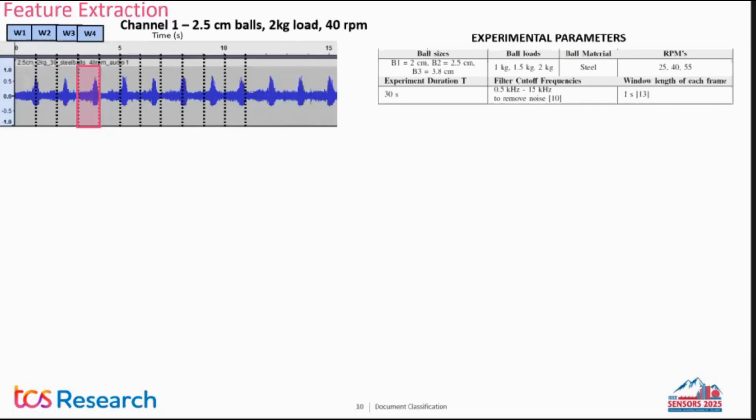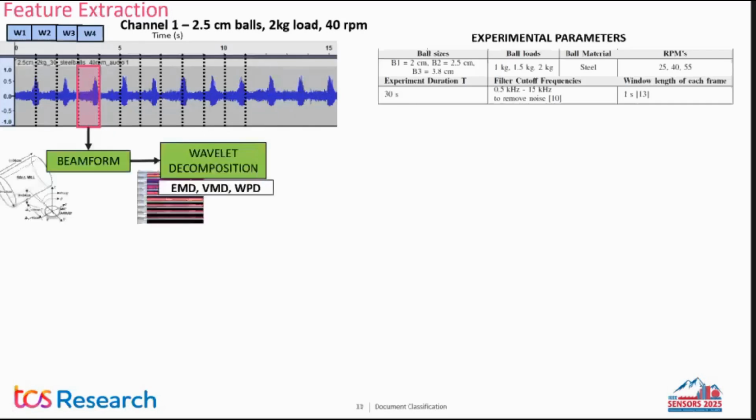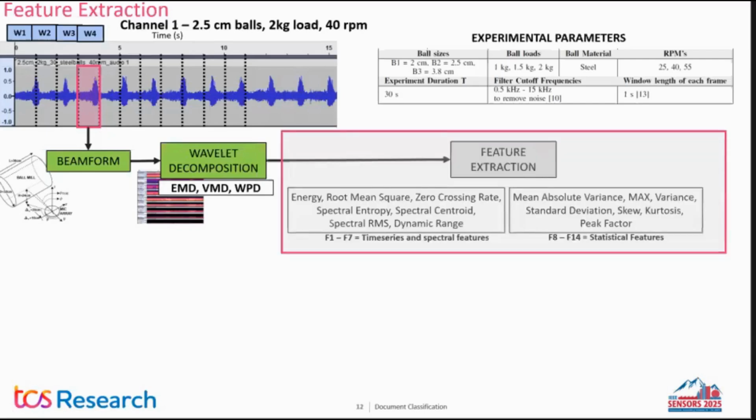So this is a single channel from the nine channel audio, and we are breaking it down into 1 second windows. For each window, we are performing beamforming and wavelet decomposition as described in the previous slides. And after this, we perform feature extraction. So we have chosen seven time series and spectral features and seven statistical features.